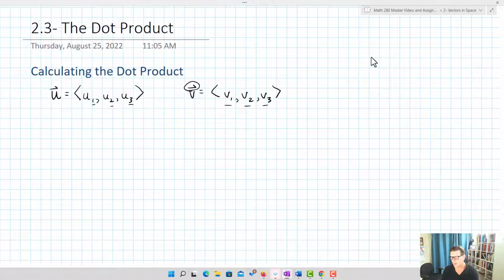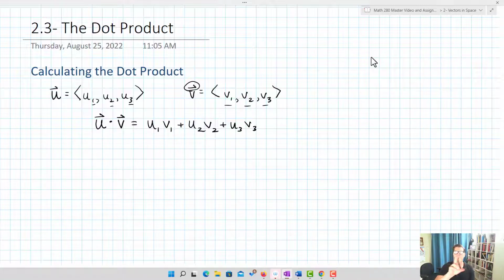The reason why this is important is because we're going to talk about what happens when you take the dot product of two vectors. So if I take u dotted with v, and that's how we write it, u dot v, it's going to equal u1 v1 plus u2 v2 plus u3 v3.